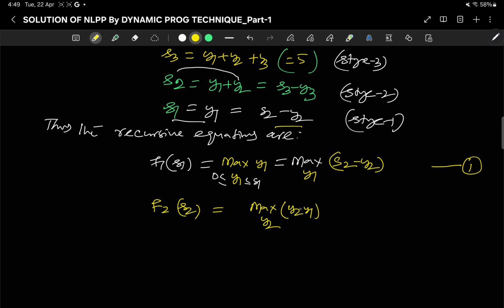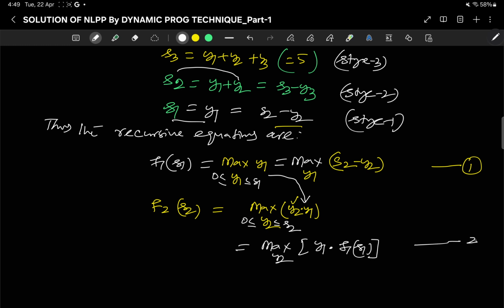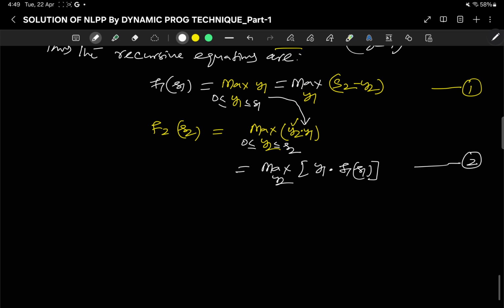The variable we are taking here is y2, with 0 less than or equal to y2 less than or equal to S2, and this y1 value will be substituted here. So this is equal to maximization over y2 of y2 times F1(S1). Let it be my equation number 2. Now what is your F3(S3)?